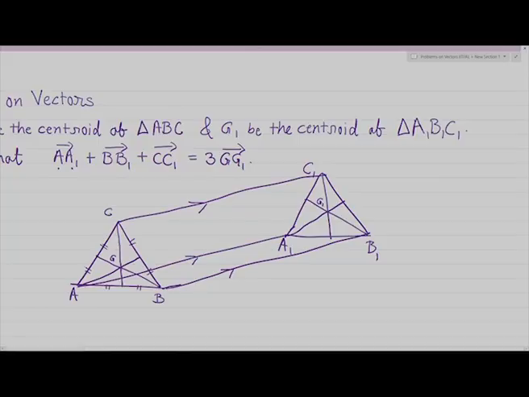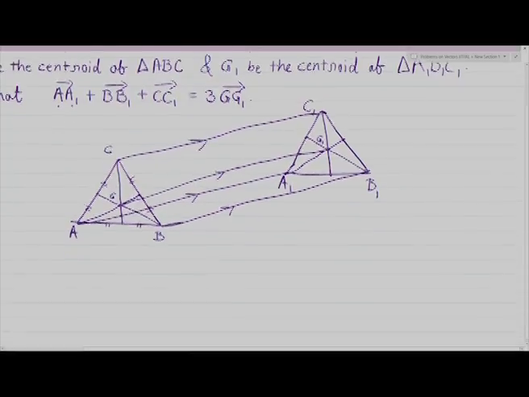So, what is being said is, extend this to G1. Okay. In vector notation, A1 bar plus B1 bar plus C1 bar is nothing but 3 times G1 bar, and we want to prove it.